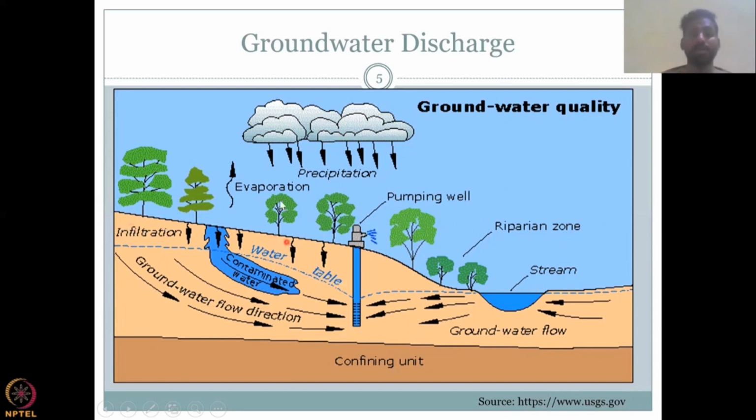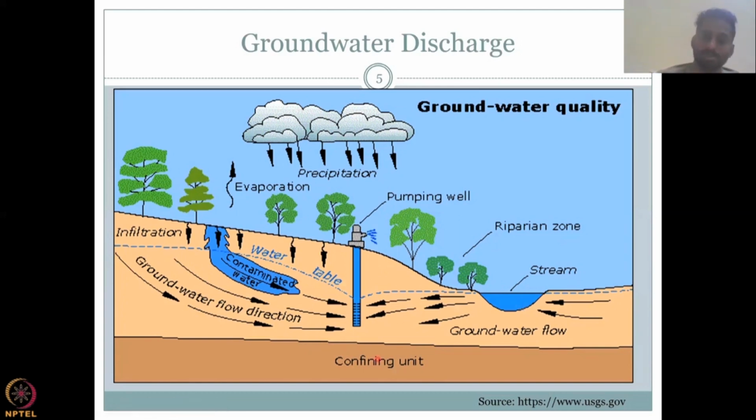You have ready recharge happening, infiltration, water moving down, and there is some contamination also. For example, you have a polluted lake or a polluted stream, or a natural pollutant from geogenic contamination. I'll come to these terms later. But then you can also have a stream on the other side with water.